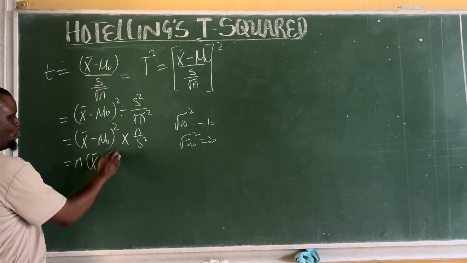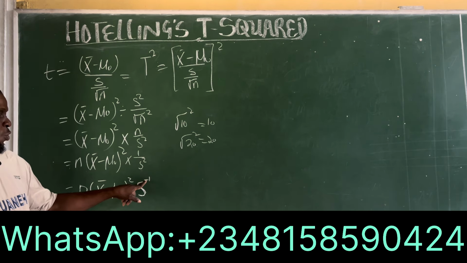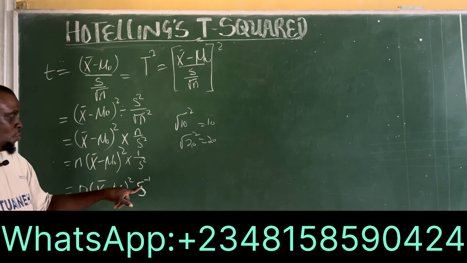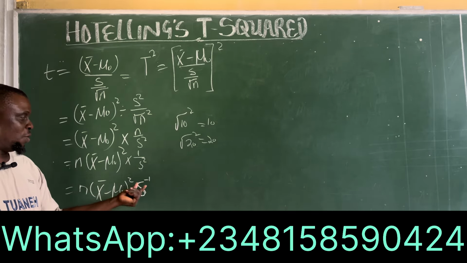So what we have here will be equal to N into X bar minus mu naught squared times S squared inverse. Now we know that S squared is the variance, but let me use capital S to indicate the variance. Instead of writing S squared, I'll just write capital S inverse. That is, 1 over S squared is S raised to power minus 2, but if we have S raised to power minus 1, we know that we're looking for the inverse.